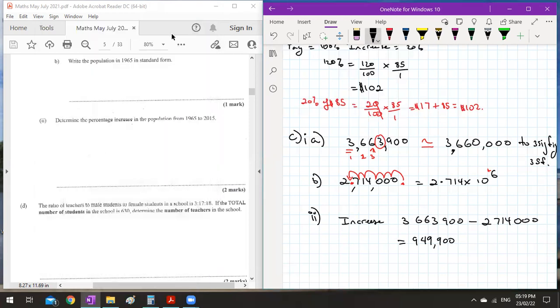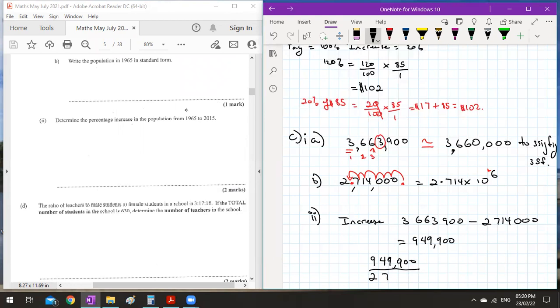So that's the difference. Now we want to write it as a population increase based on 1965. So as a percentage. So 949,900 over the amount that we had in 1965, not the amount that we had in 2015. This is the amount we have to put together.